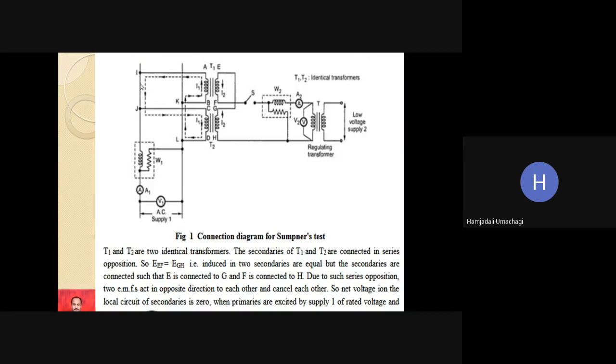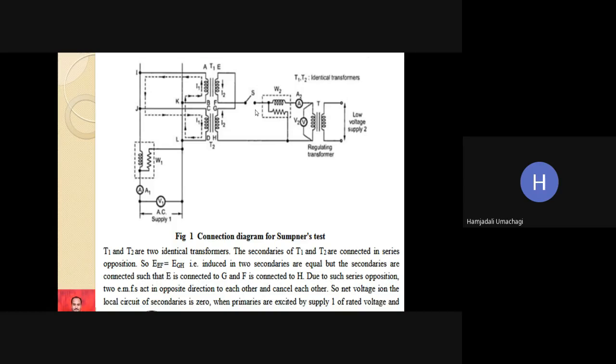This series opposition can be checked by another voltmeter connected in the secondary circuit, as per the polarity test. So there is another method to check whether the voltage is 0 or not. As I told you, we should connect the secondaries in series opposition. Series opposition means if here it is 230 and here also 230, then 230 minus 230, the net difference, will be 0. To check whether this difference is 0 or not, we connect one voltmeter across the switch.